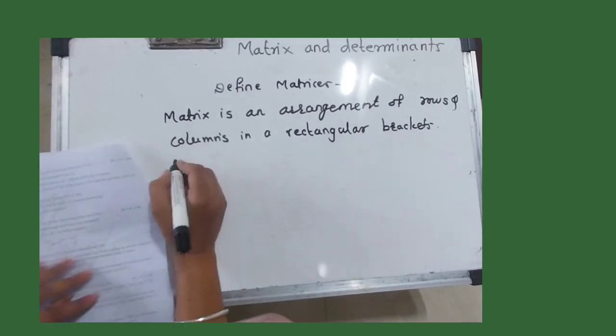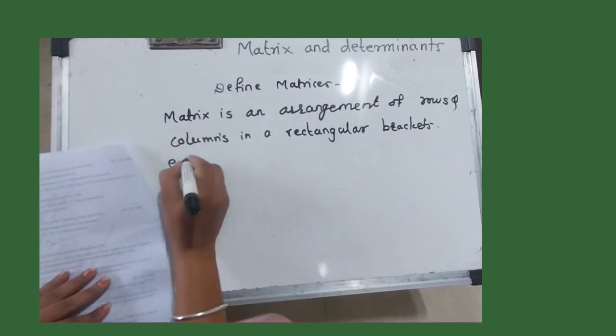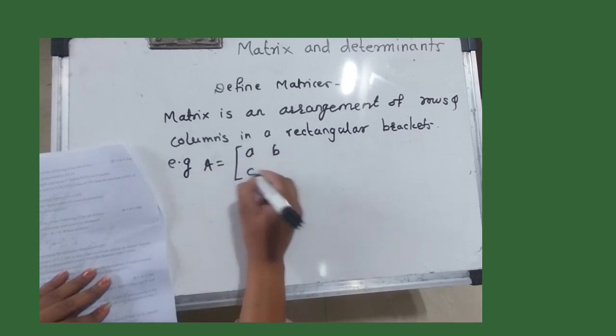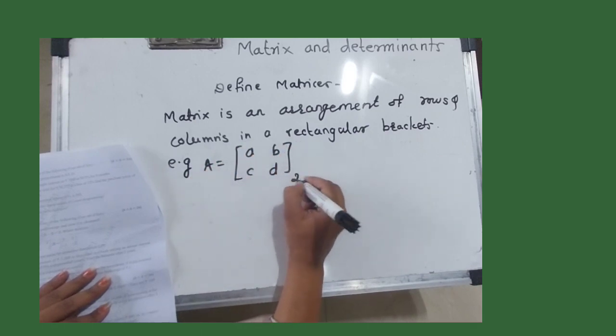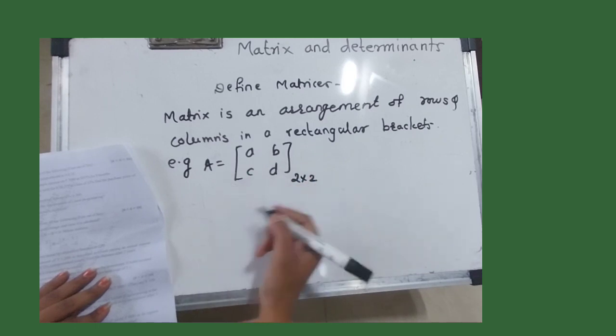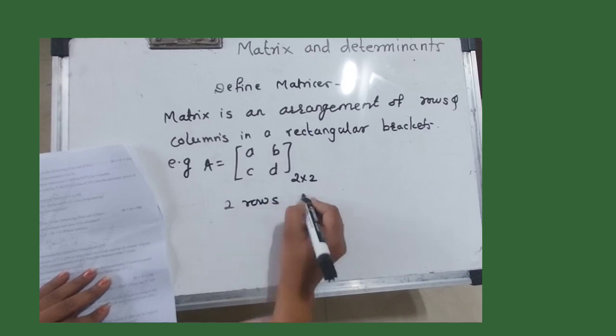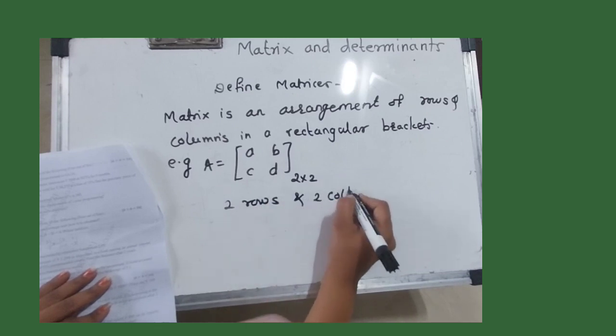For example, A equal to [a, b, c, d]. This is a matrix of order 2 by 2. Why? Because there are 2 rows and 2 columns.